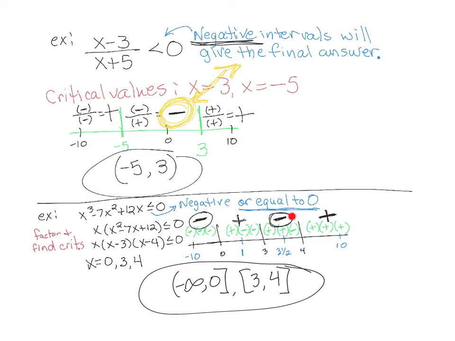The whole thing flipped. So notice all the way through here, when I started with a negative, because I had 3 minuses, every time I pass a critical value, I flip my sign because only one factor flipped. That flipped the entire thing. When I pass through the last critical value, all 3 factors are positive.